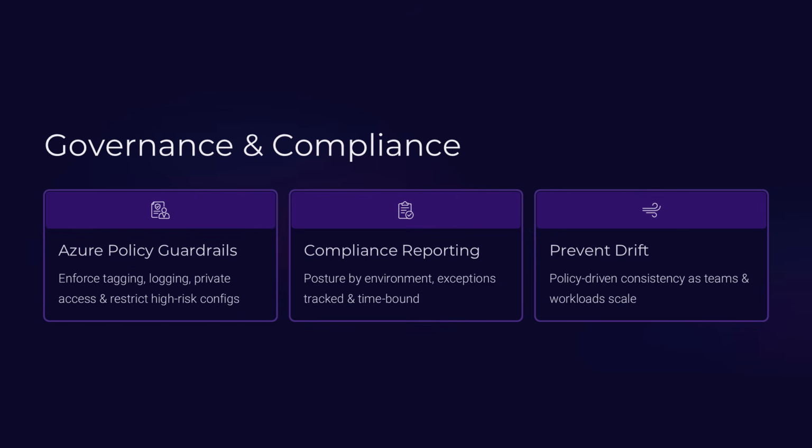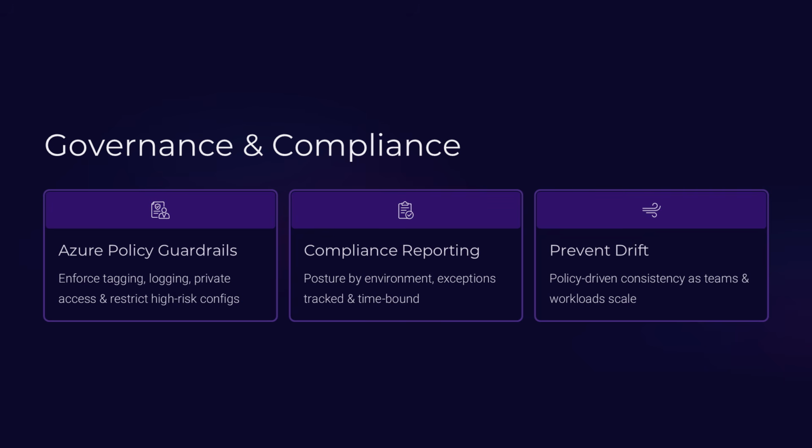With observability established, you now ensure governance holds the platform together over time. You apply Azure Policy guardrails that enforce tagging, logging requirements, private access expectations, and restrictions on high-risk configurations. You define compliance reporting that shows posture by environment, highlights exceptions, and tracks remediation progress.